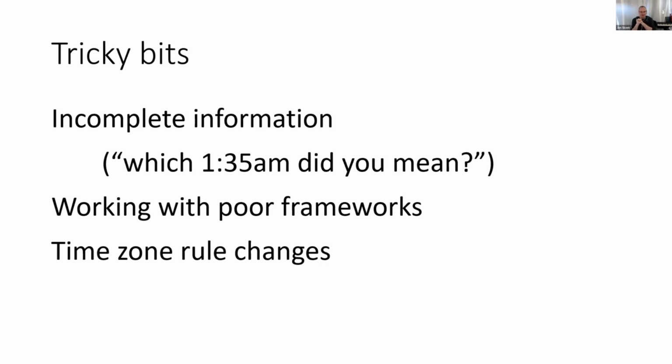You don't want to start building your own date and time library unless you really are in the business of building a date and time library. Building it as part of building another product, probably not a great idea. Or make sure everything is really clearly documented and named. So you say, this is a date time offset that always has an offset of 0 and should be regarded as effectively UTC, for example.